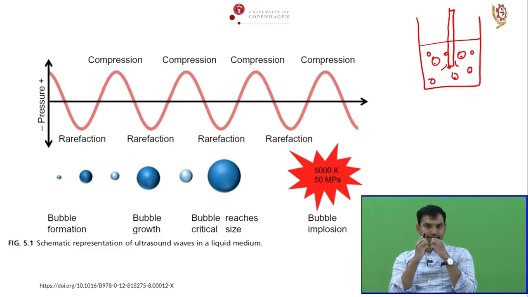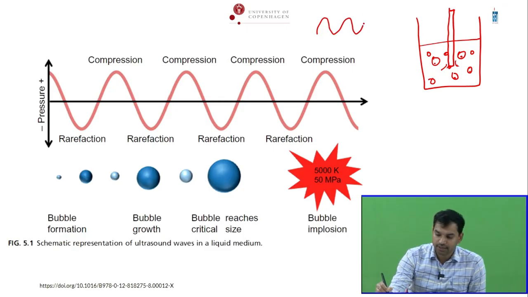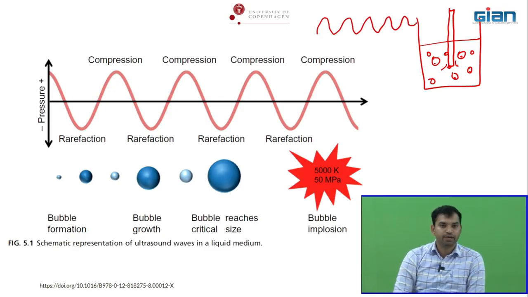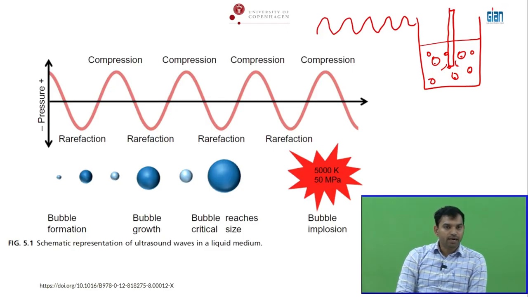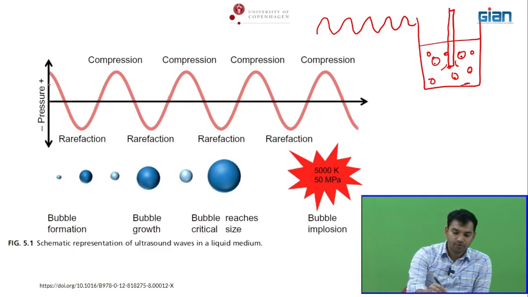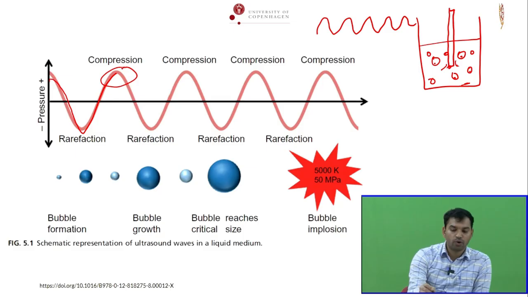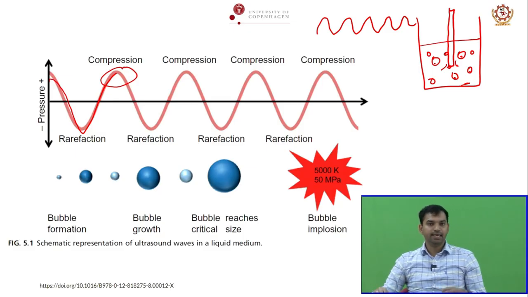When it generates the ultrasound waves, the wave propagates in this way. We all know how a wave propagates, right? When ultrasound waves propagate inside the solution, they create a negative pressure and a positive pressure. The positive pressure region is called compression.